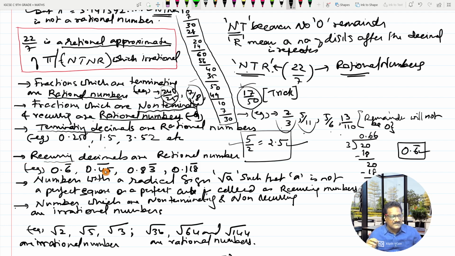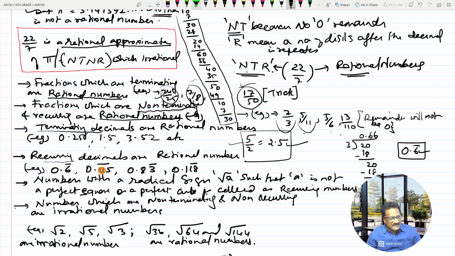After the decimal point you will see a digit or a group of digits which is continuously repeated. In 0.6 bar, this 6 is repeated continuously, so you put a bar over 6.